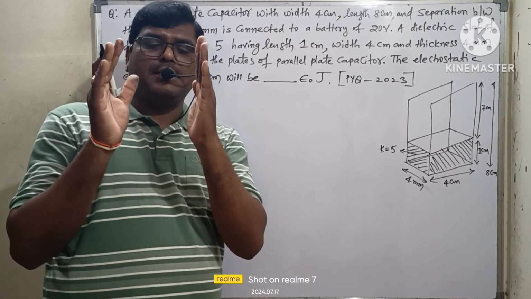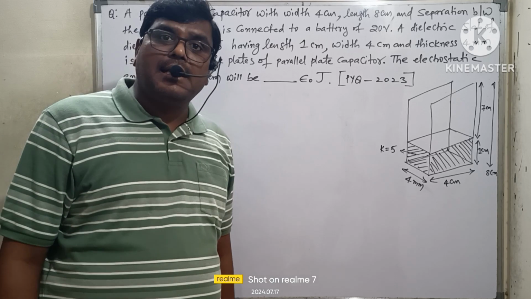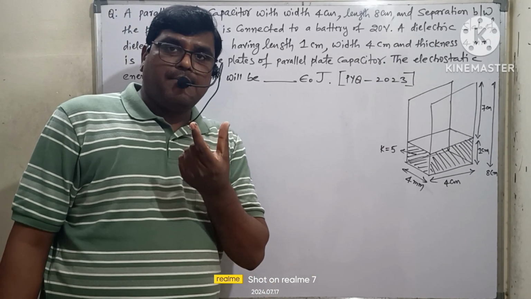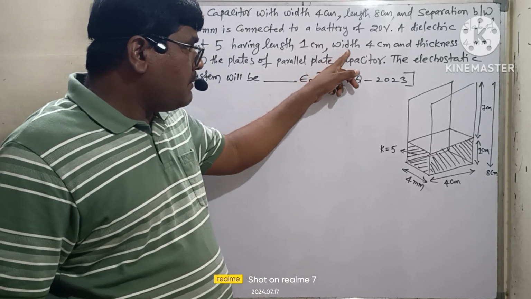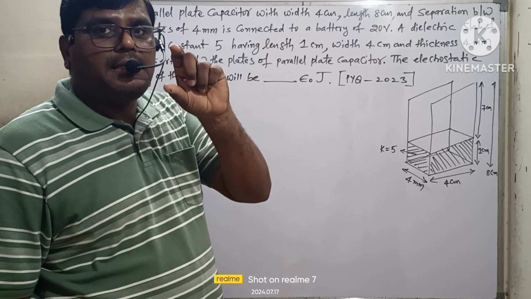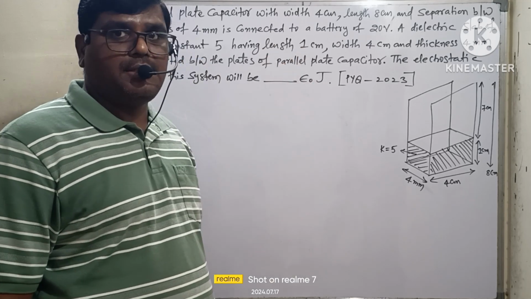Between these two plates, one dielectric material is placed, of thickness 4 millimeter, width 4 centimeter, but length of the dielectric material is 1 centimeter.